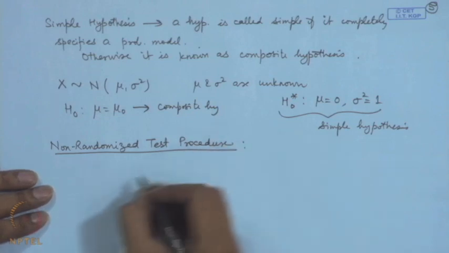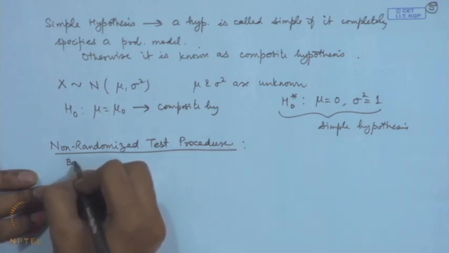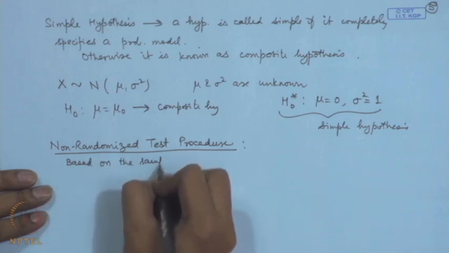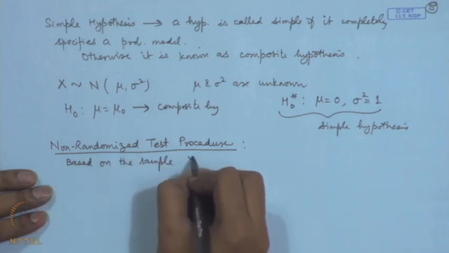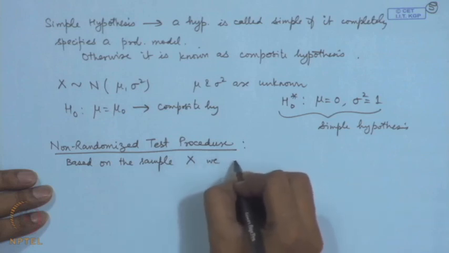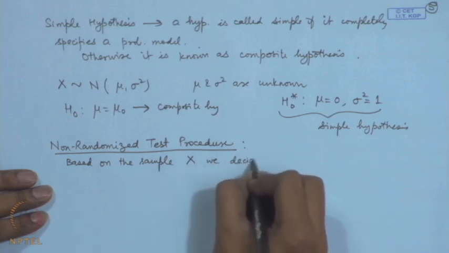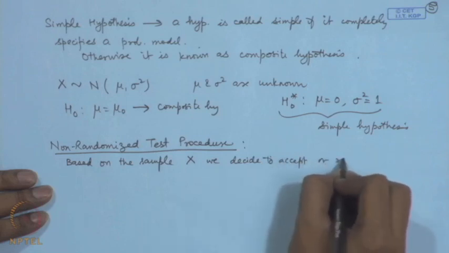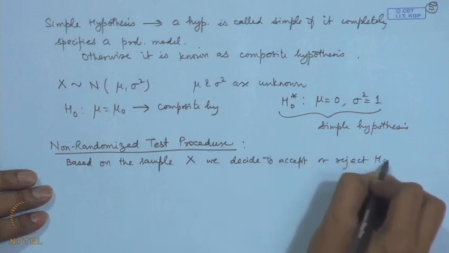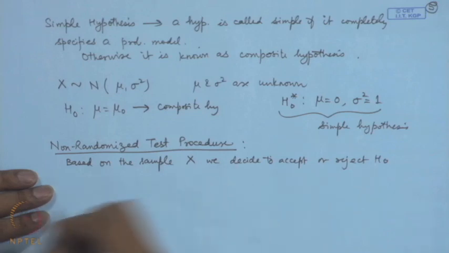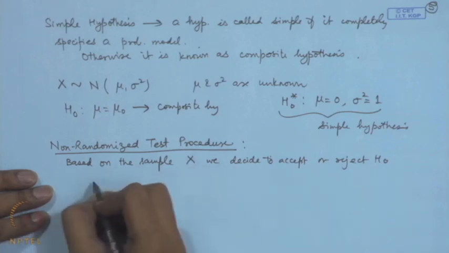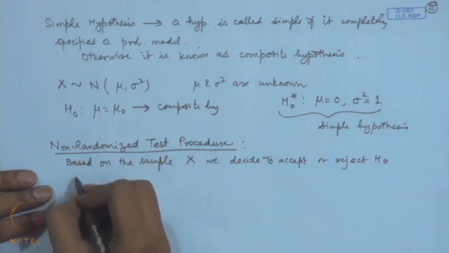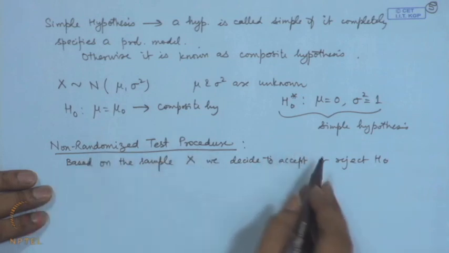Based on the sample X, we decide to accept or reject H naught. So, a decision rule, a non-randomized test procedure, is nothing but this procedure.